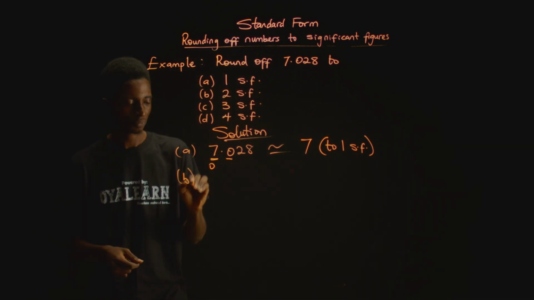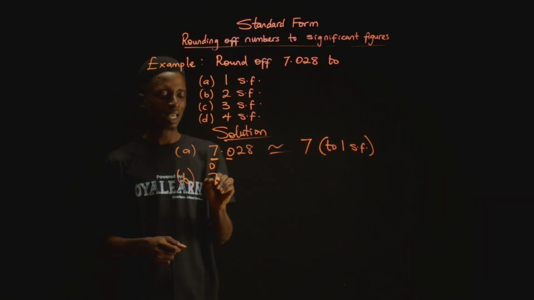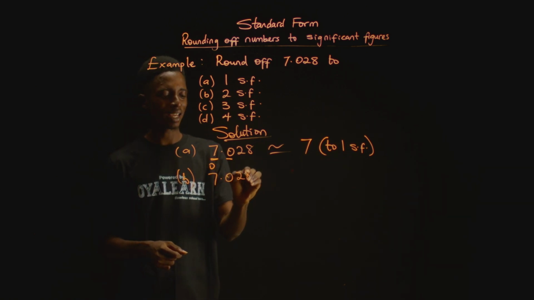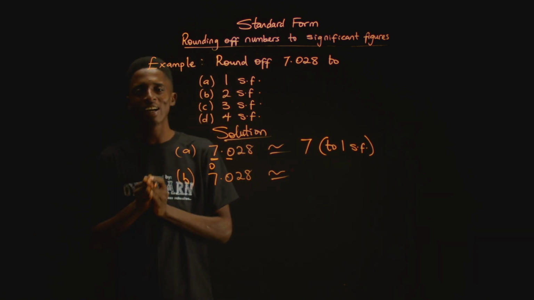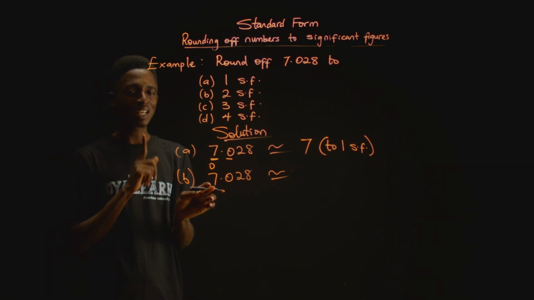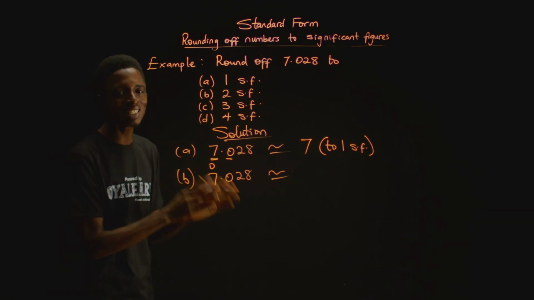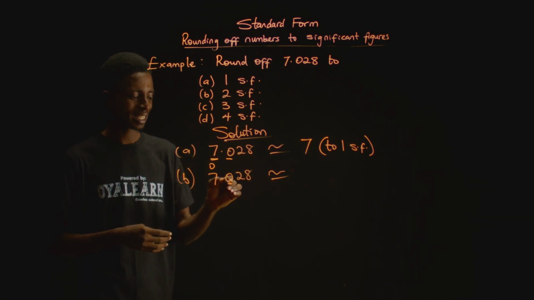Now for B. We have to round off 7.028 to two significant figures. Now let's start from the left to identify our first non-zero. And that is 7 in the first significant figure. The next digit automatically becomes our second significant figure, which is digit 0.